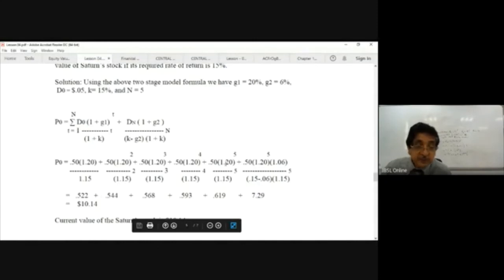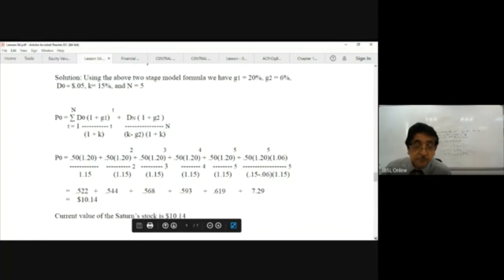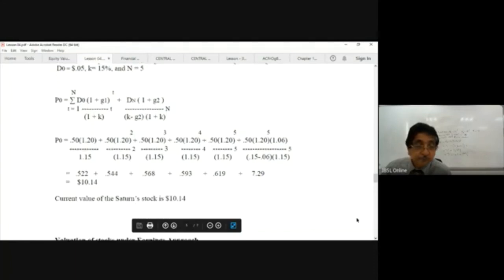Now, just look at this example. I will put it in two stages so that you understand these things. The first stage is to calculate the cash flows during the high dividend growth period. In this particular case, the high dividend growth period is 5 years.